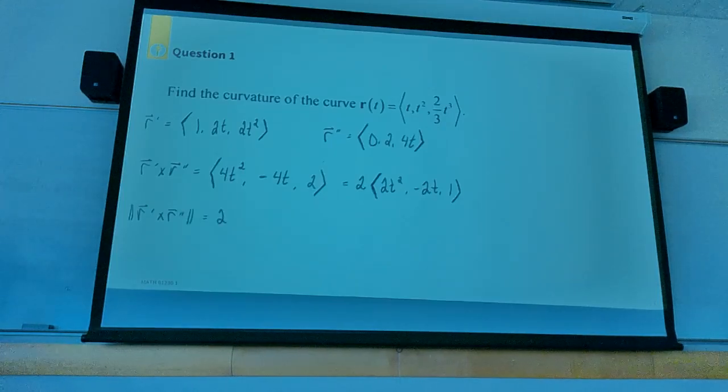Absolute value of the scalar times the square root now of the sum of the squares. 4t to the fourth plus 4t squared plus 9. And that can be simplified.